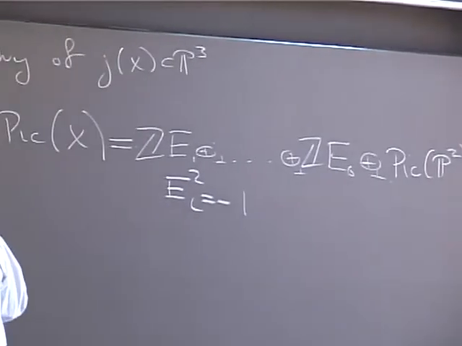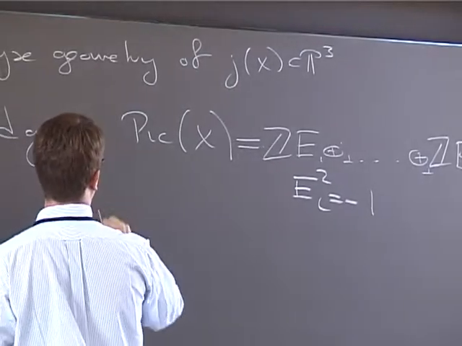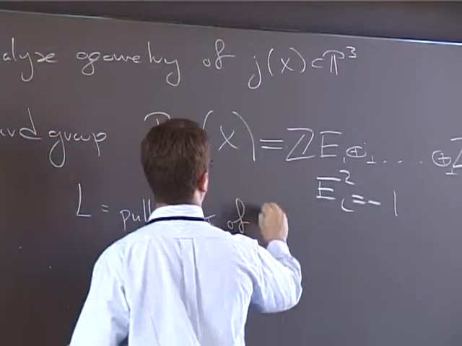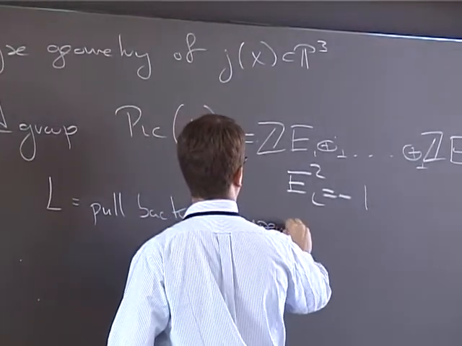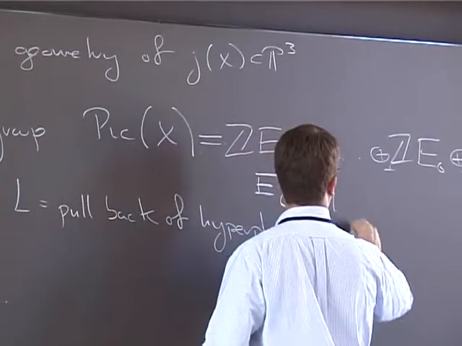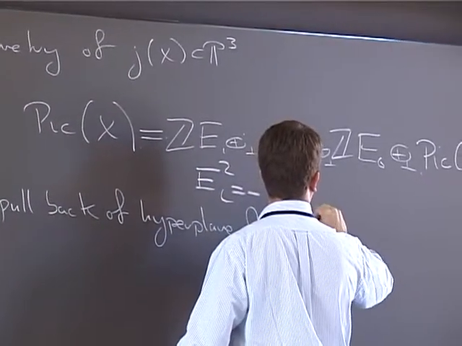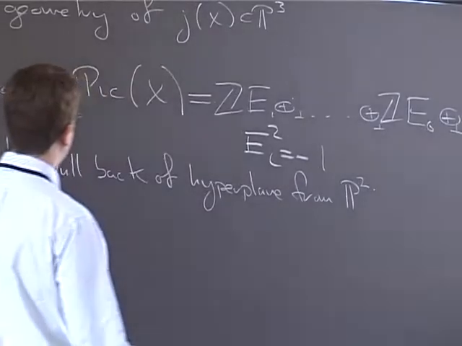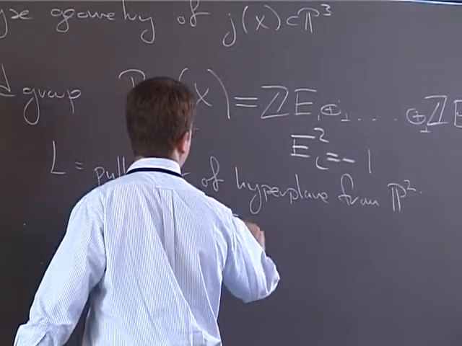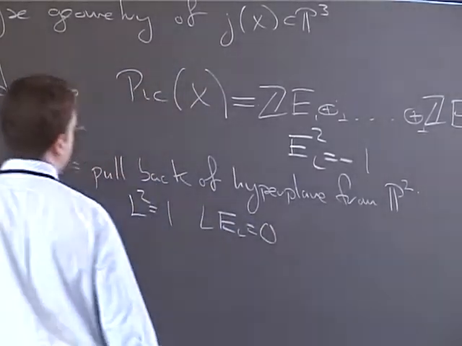So this is fairly standard notation. I'm going to let L denote the pullback of the hyperplane from P2. So this is disjoint from each of the exceptional divisors.